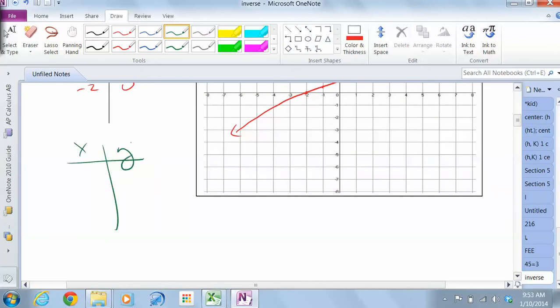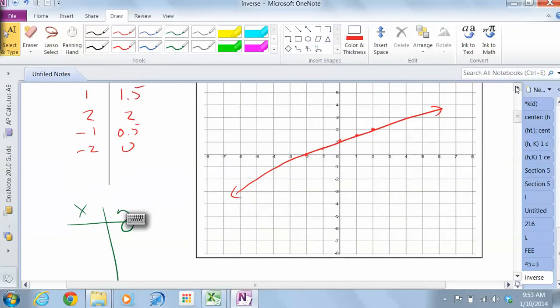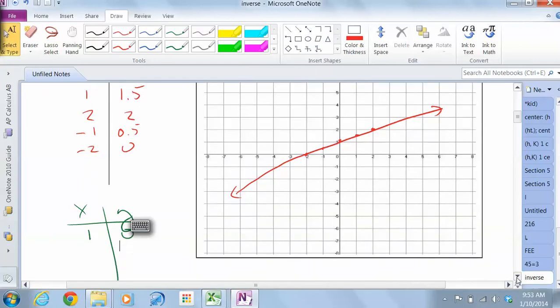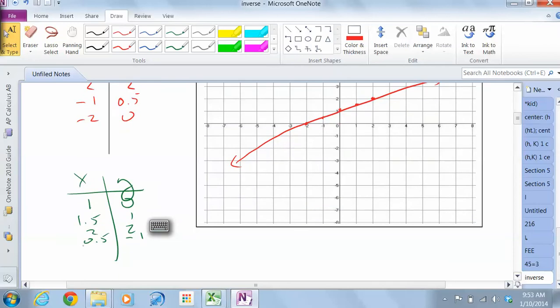So if I switch x and y from the table we just worked out, we have 1, 0. Then, of course, we'll have 1.5 and 1, 2 and 2, 0.5 and -1, and then 0 and -2.